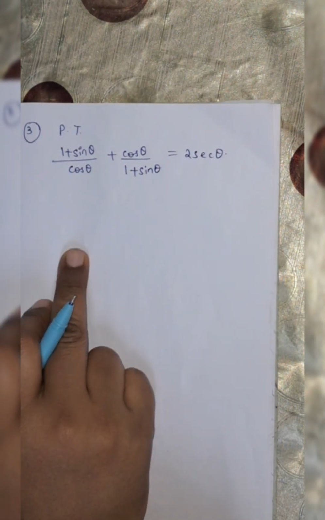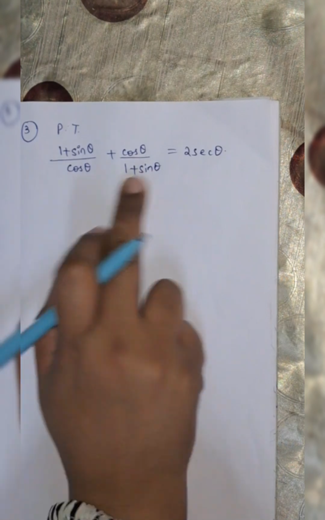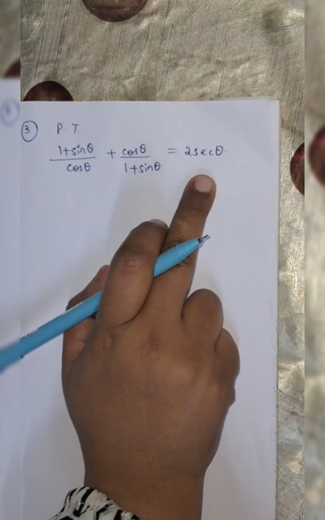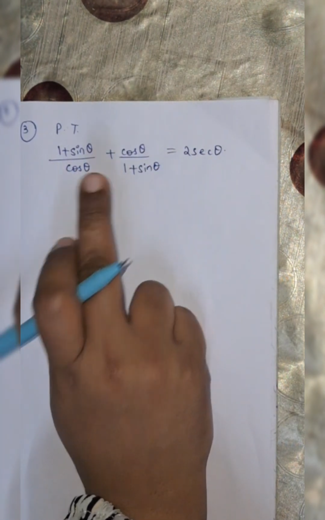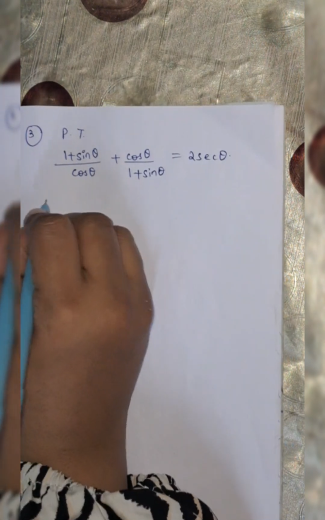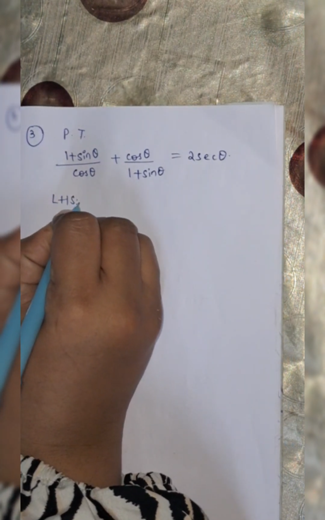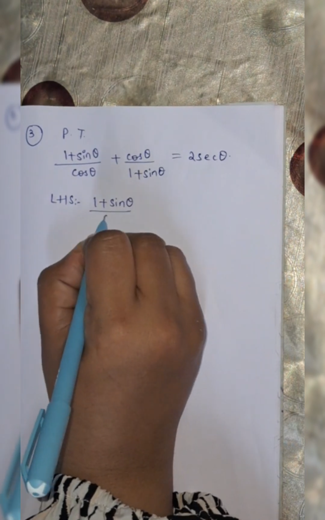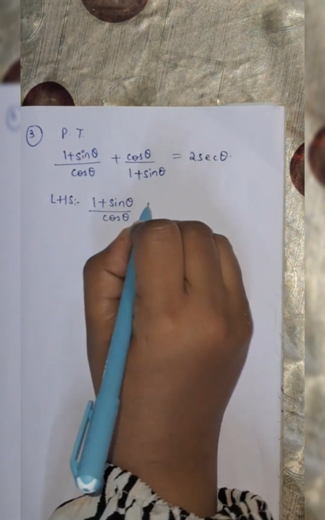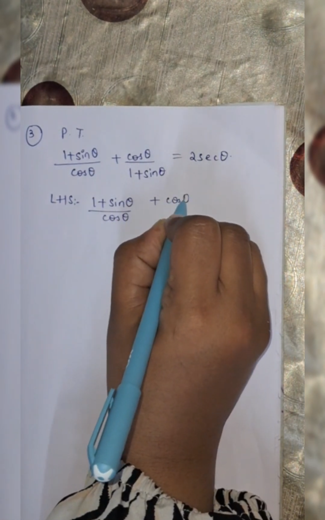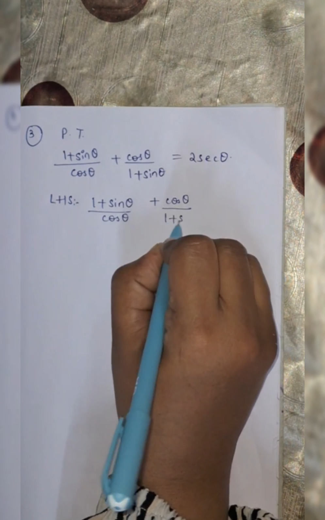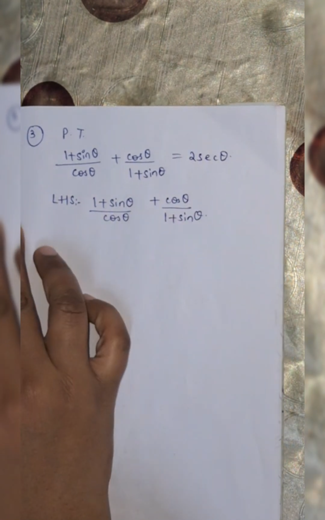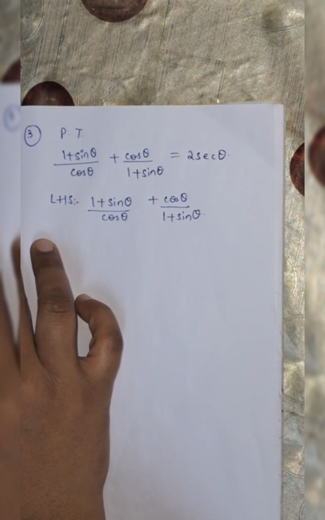In this case, we have to take any one side and prove that it is equal to the other side. So we'll take the LHS: (1 plus sine theta) by cos theta plus cos theta by (1 plus sine theta). What we will do first is cross multiply.